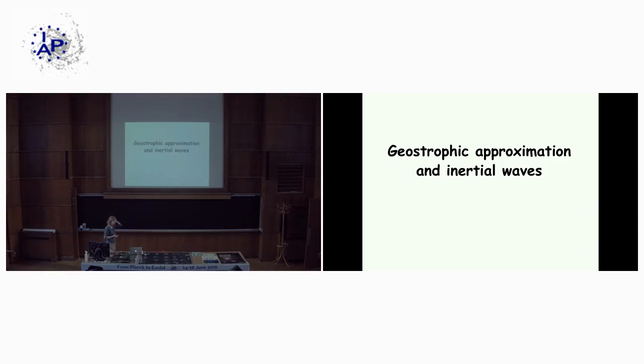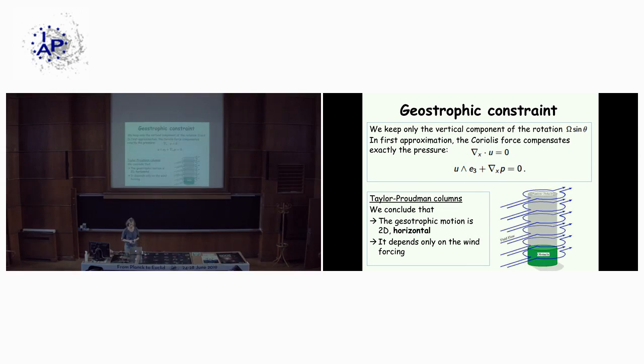So I will try to explain later on why internal waves, due to stratification, are very similar to these inertial waves, but most of the time I will discuss these inertial waves because they have many important features, okay?